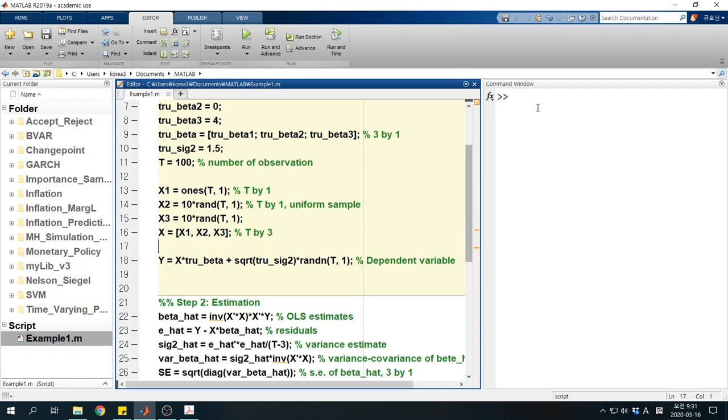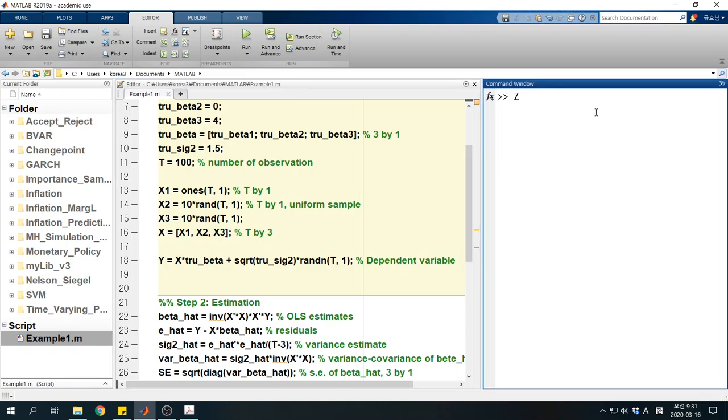Okay, let's practice here. Suppose A equals 3, 2. Okay, B equals I3, the three-dimensional identity matrix. Then let me define C as A and B, and press enter.